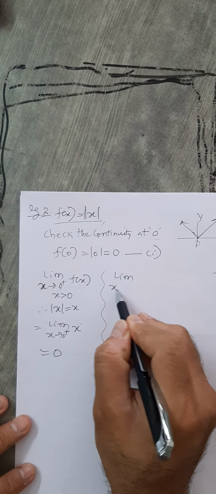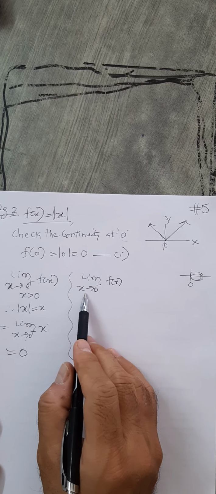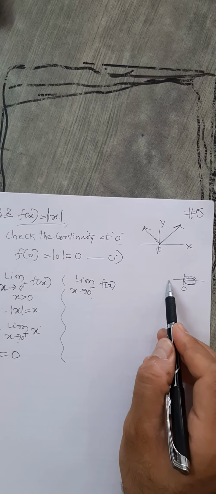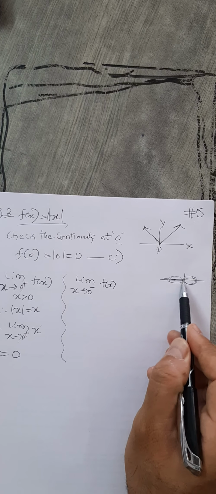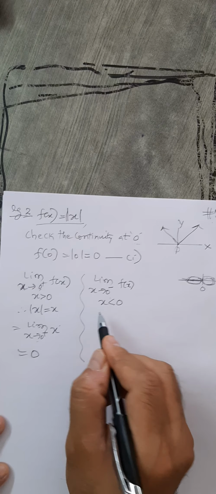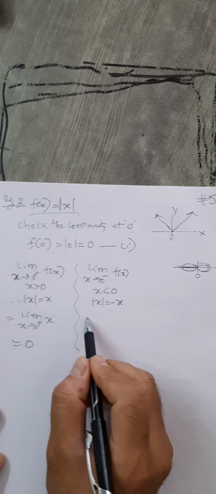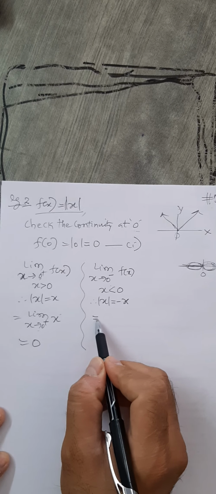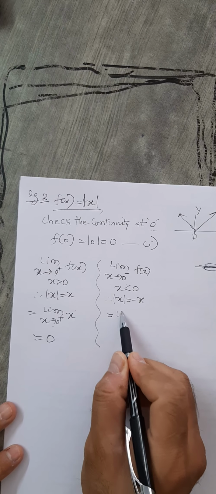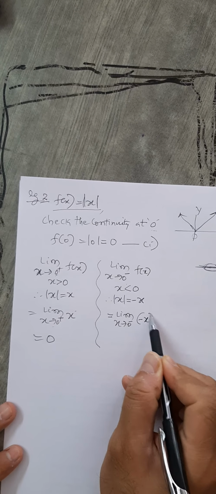Limit x tends to 0 from the left of f of x. What's the meaning of x tends to 0 from the left? x is less than 0, that is this portion. If x is less than 0, what's the modulus of x? You know that it is minus x. So this equals limit x tends to 0 from the left of minus x.